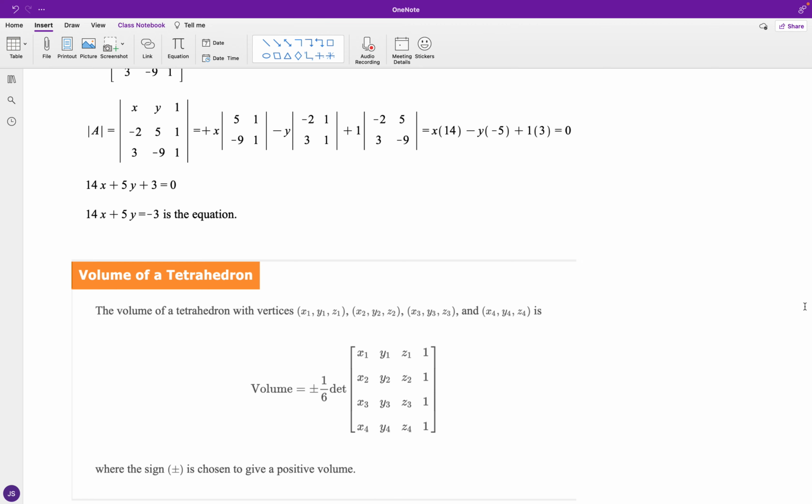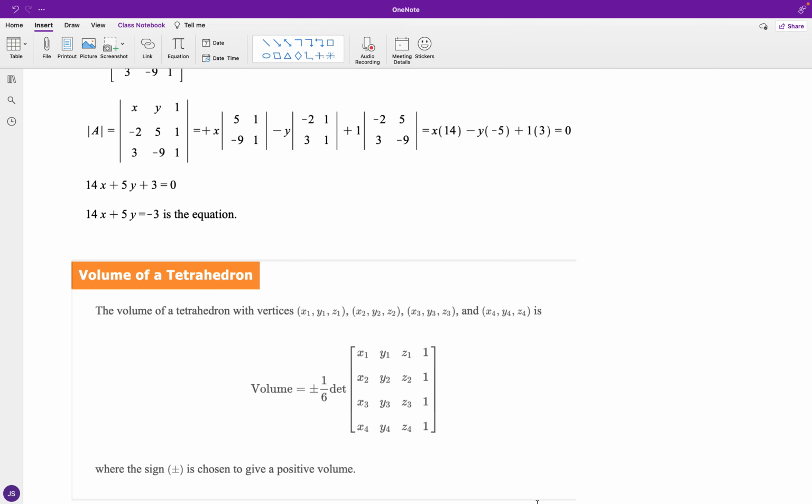The volume of a tetrahedron with the vertices (x1, y1, z1) all the way to (x4, y4, z4) is equal to plus or minus 1/6 of the determinant of the matrix with the first coordinates followed by 1 in the top row, the second coordinates followed by 1 in the next, the third point coordinates followed by 1 in the next to last row, and of course the bottom row has the last set of coordinates followed by 1.